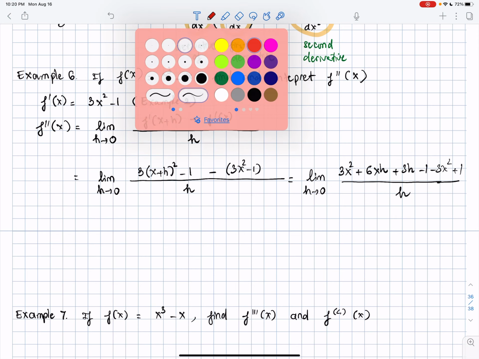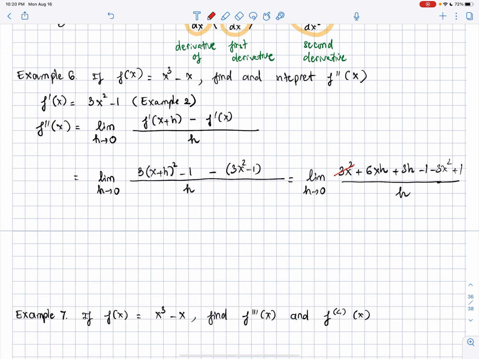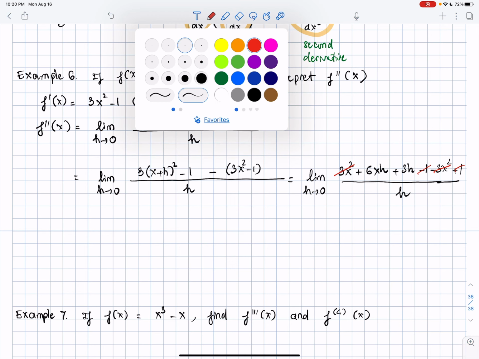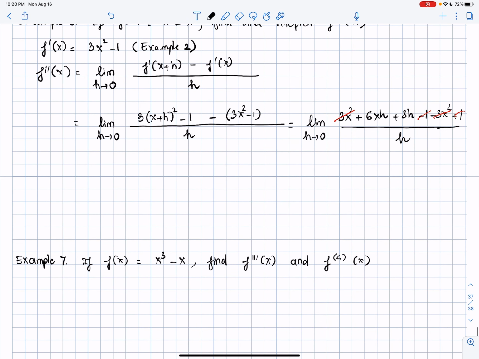So we have some terms to cancel. We collect like terms, and the 1 and 1 cancel. On the top, we can factor out the h, so we get 6x plus 3h, divided by h. We can cancel out the h now.